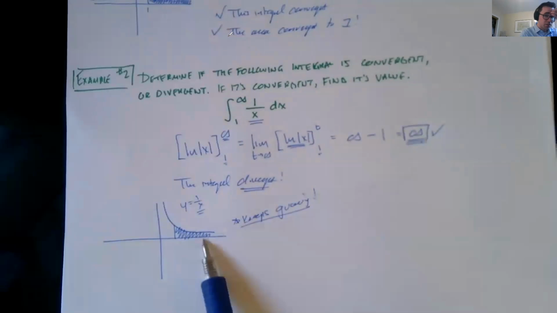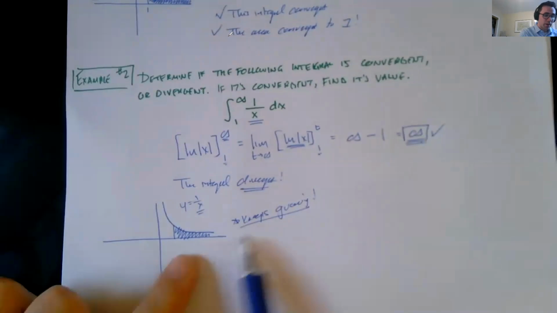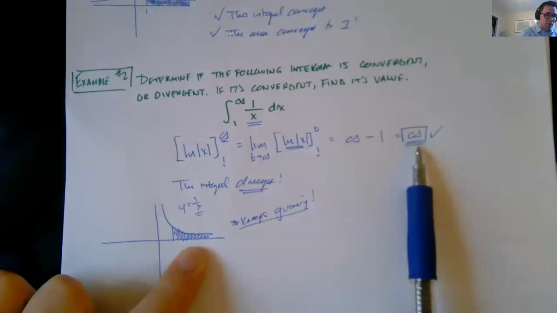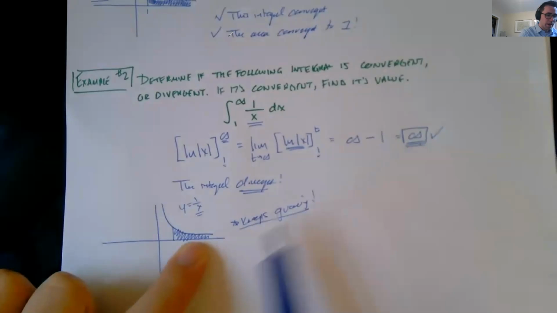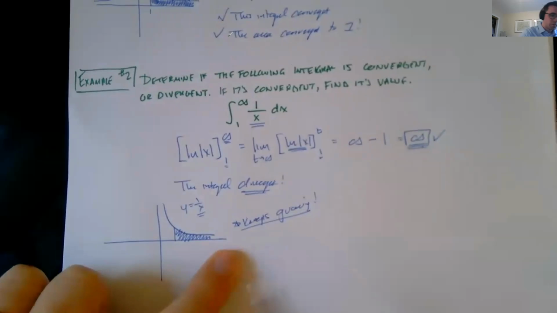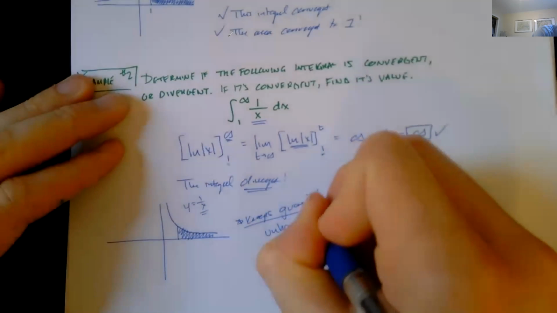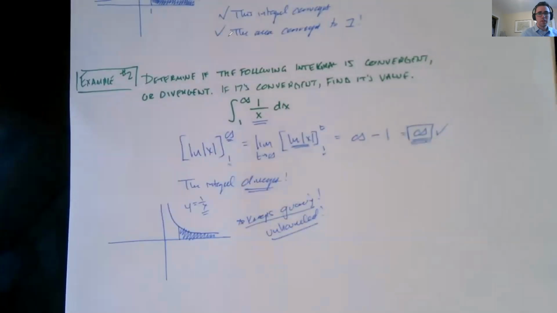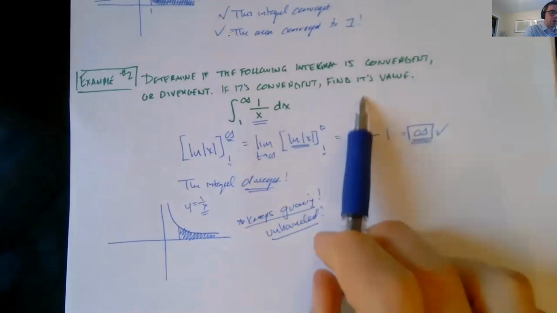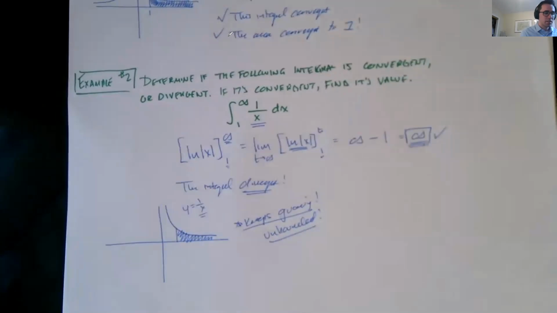So this integral, or this area, keeps growing and therefore diverges. It does not approach a finite number. It keeps growing unbounded. So we can say that that integral diverges. We can't find its value because it diverges.